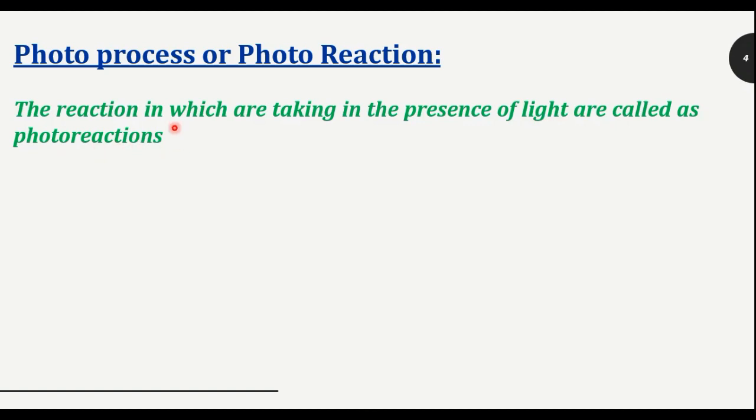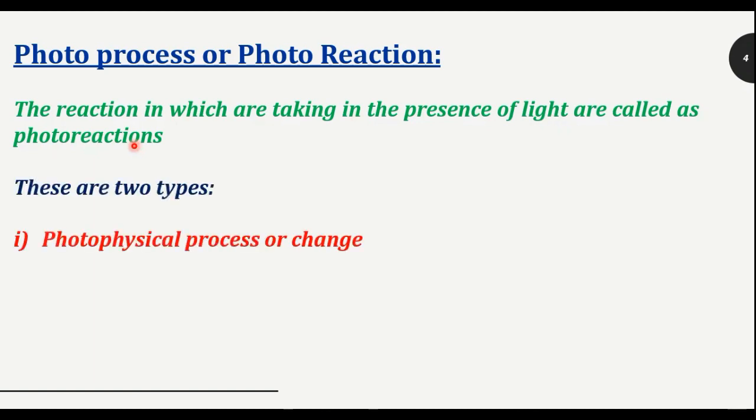This means the chemical reactions which take place in presence of light are called photochemical reactions. These are two types: photophysical process, or you can say change, and second one, photochemical process or reaction.